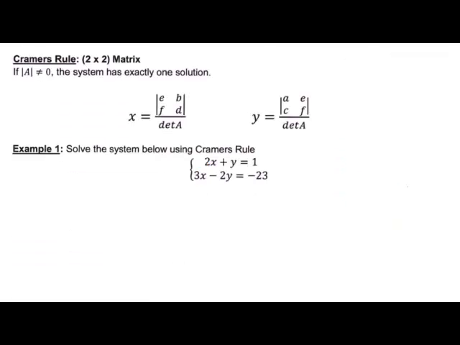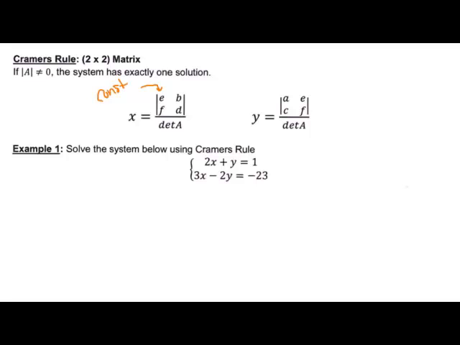Cramer's rule we use for a 2 by 2 matrix, and if the determinant does not equal 0, the system has exactly one solution. Cramer's rule says that our x value comes from the determinant of our constants and our y coefficients. E and F are going to be our constants.